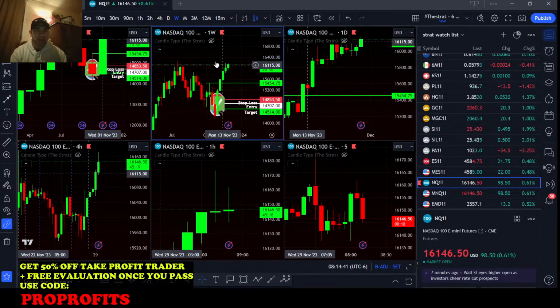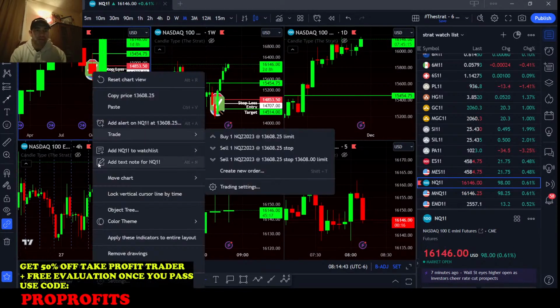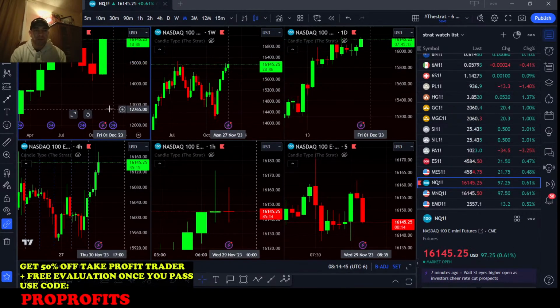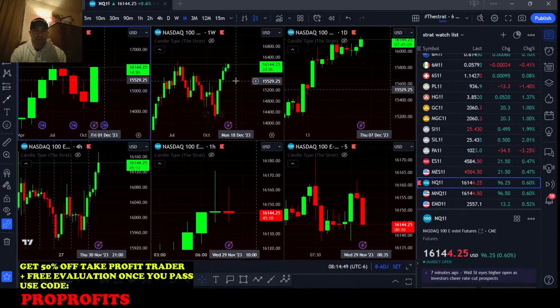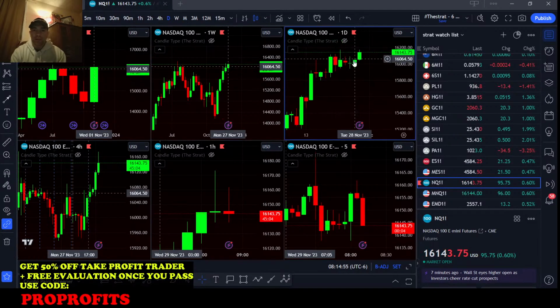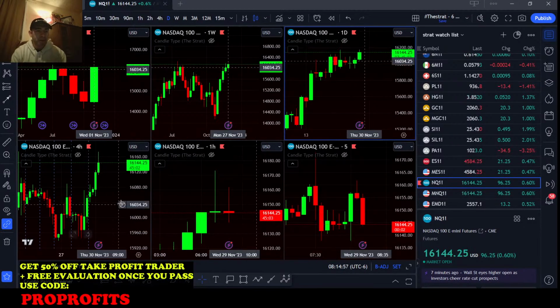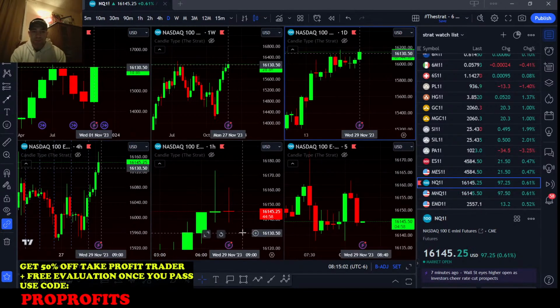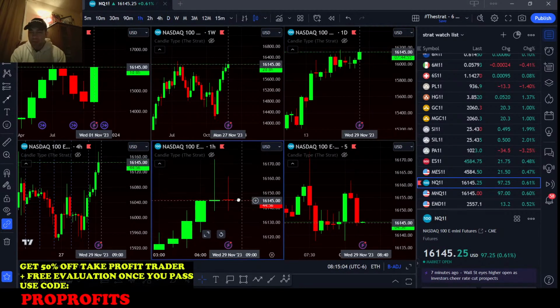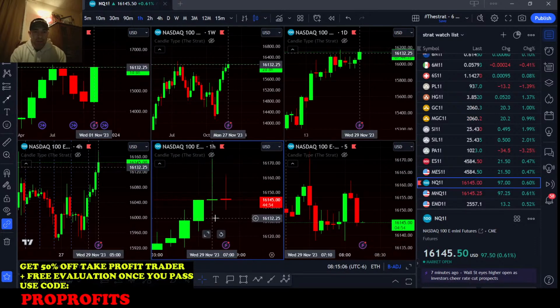About to start continuing those drawings. So time frame continuity to the upside on the monthly. About to go back into time frame continuity on the weekly. On the daily, we're already above time frame continuity. 4 hour above time frame continuity. So we need to see where we're headed.